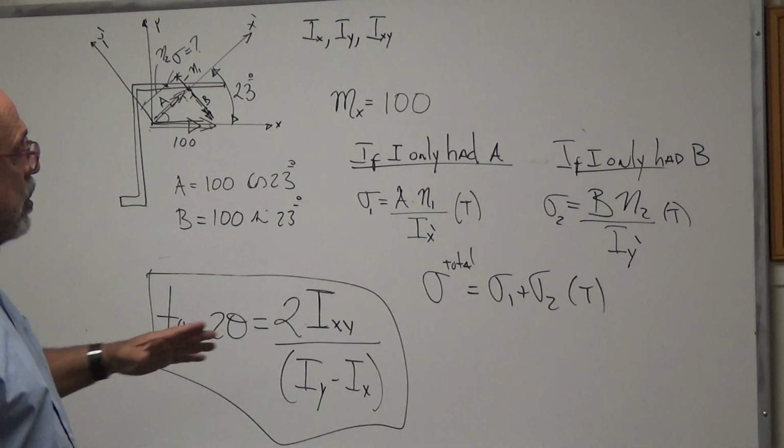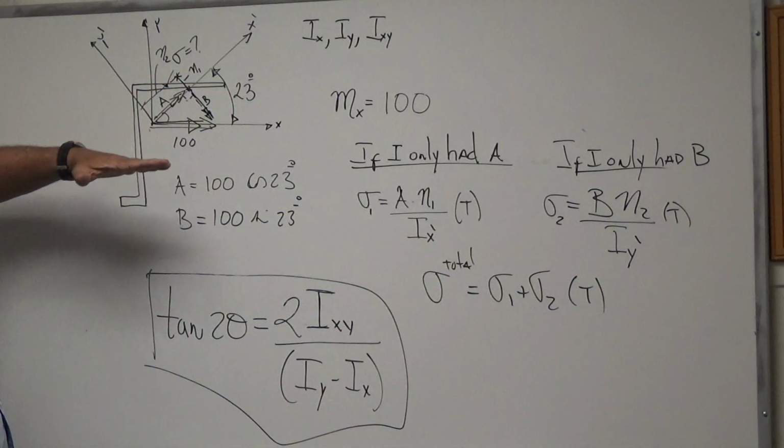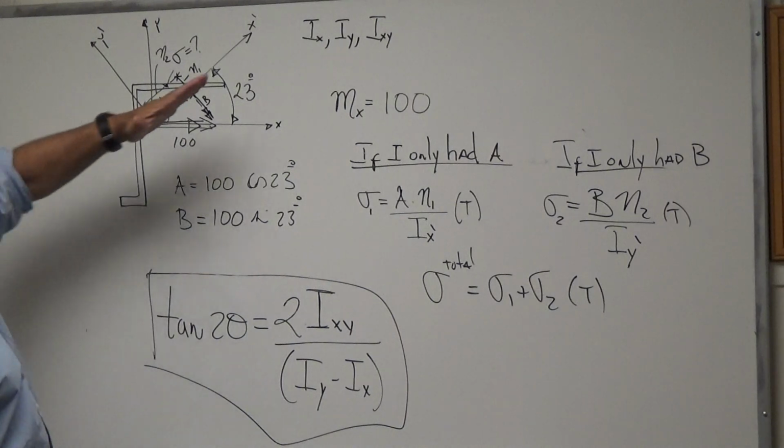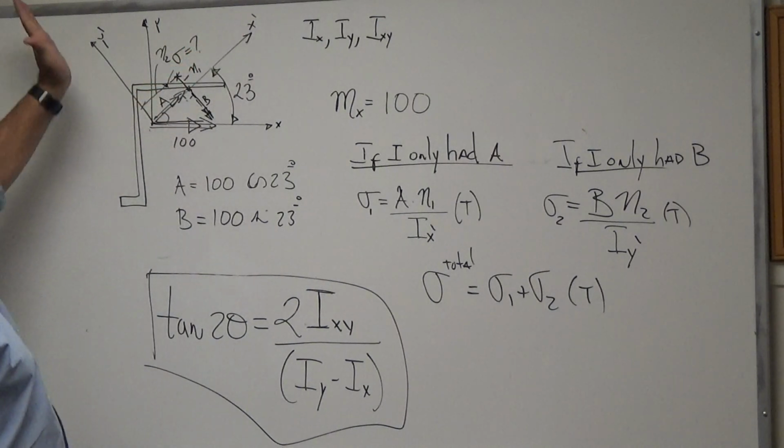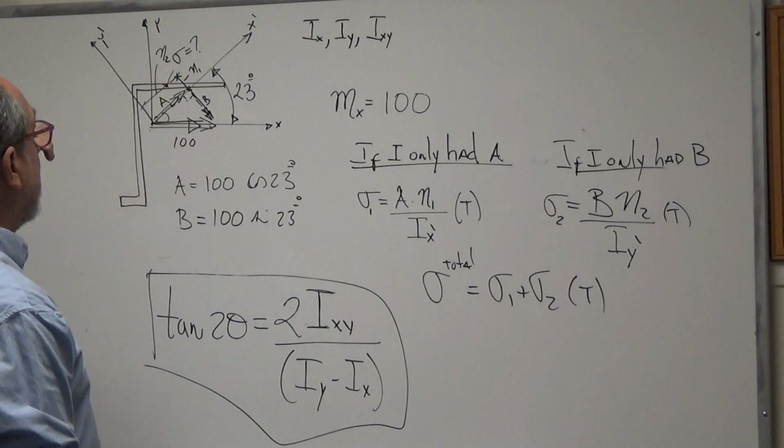But also, you'd have to calculate the moment of inertia about the X prime and Y prime. Now, that's kind of cumbersome, right? Because to calculate the moment of inertia about these two axes, in principle you could do it, but it's really a pain in the neck.